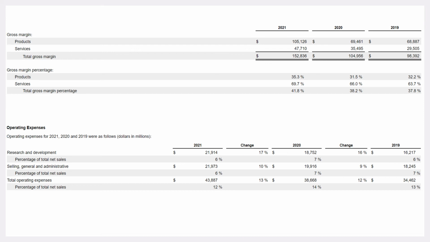You can get very creative with these analytical tools, just based on the numbers available in the 10K. The second table, which I think is very important to understand, is operating expenses. I mentioned earlier that Apple spends a lot of money on R&D. In 2021, they spent nearly $22 billion in R&D, which was 6% of their revenue. Now, is 6% a lot?